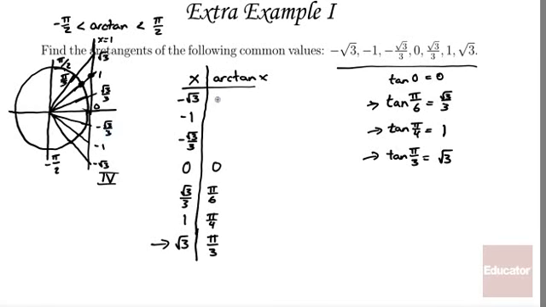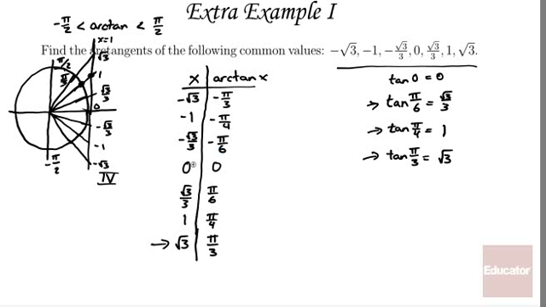So for negative root 3, what's an angle that has that as its tangent? It's negative pi over 3. For negative 1, it's negative pi over 4. And finally, for negative root 3 over 3, it's negative pi over 6.